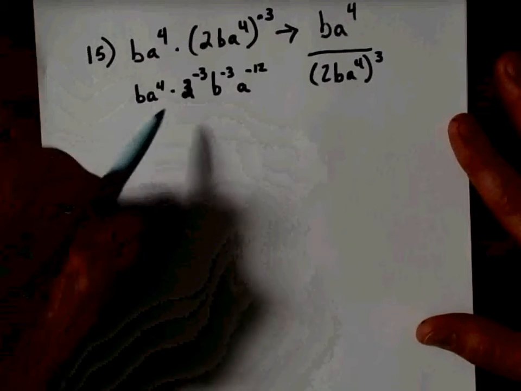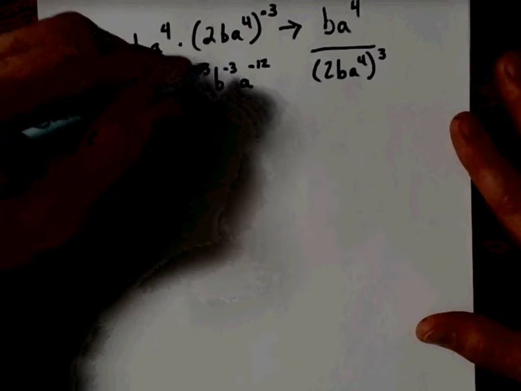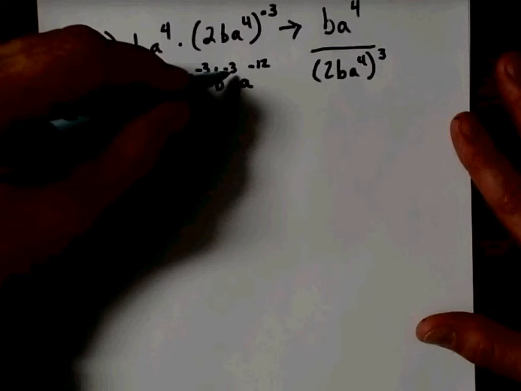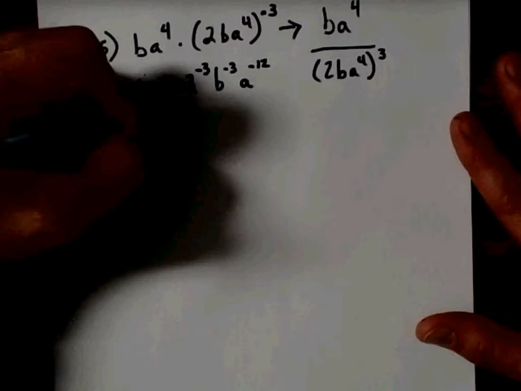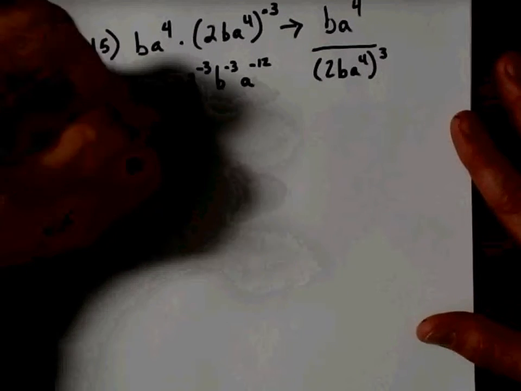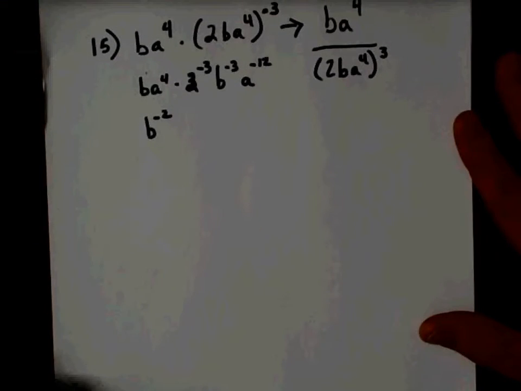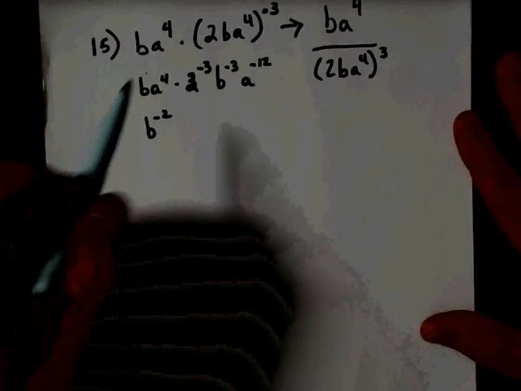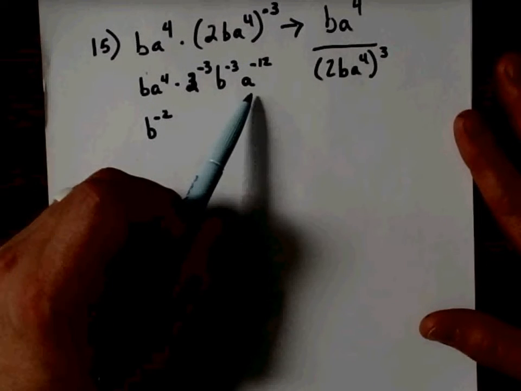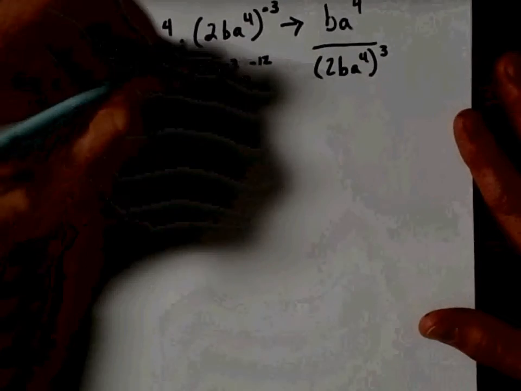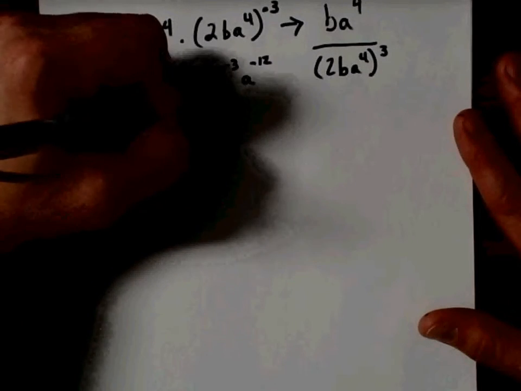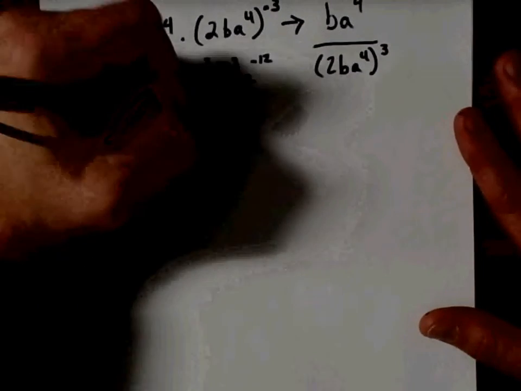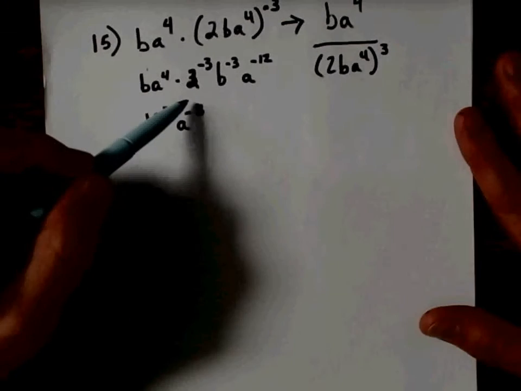Our b's are going to become 1 plus negative 3, which makes b to the negative 2. Right? A to the 4 and negative 12 is going to be a to the negative 8. And then this 2 to the negative 3, we're just going to keep right now.